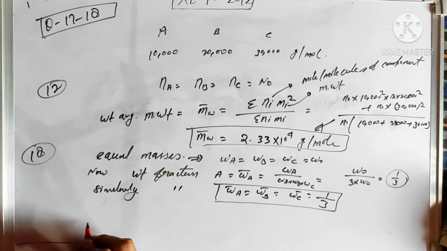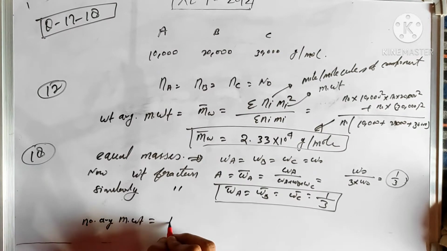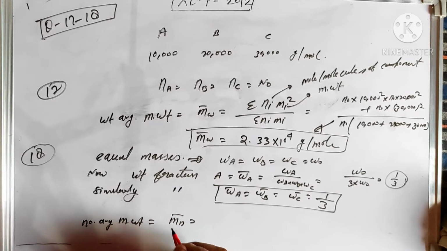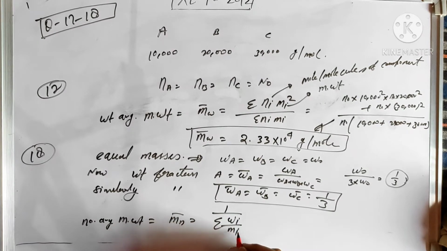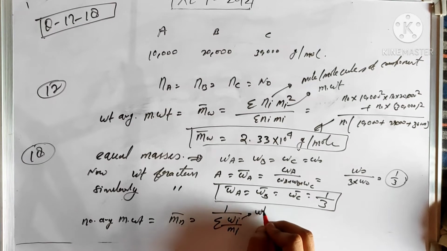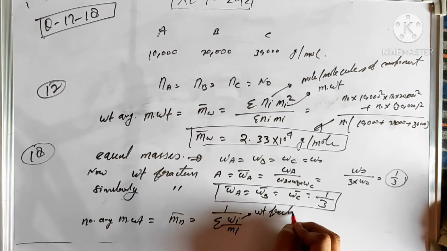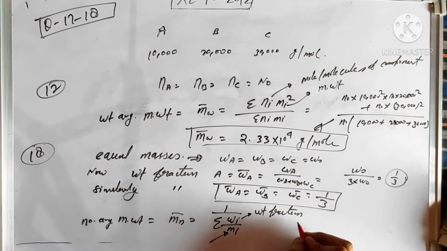Now the number average molecular weight of a polymer, Mn, in terms of the weight fraction, is given by 1 upon the summation of Wi into Mi, where Wi is the weight fraction and Mi is the molecular weight of the individual component.